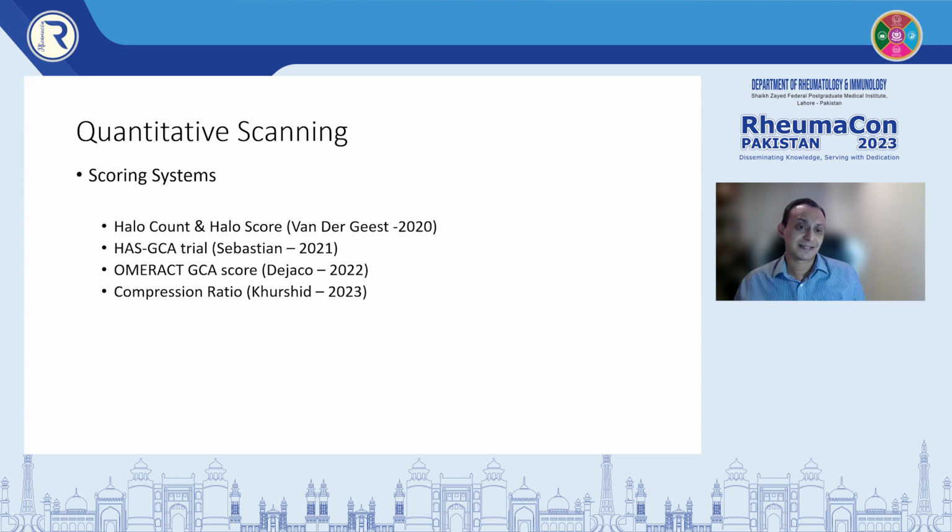You can get a composite number, which is not about a single blood vessel. It's not about one area of involvement. Rather, you can categorize the inflammation in general, and that can be used in later assessments for monitoring purposes. So the Halo Score would go up and down if there is a relapse of giant cell arteritis.